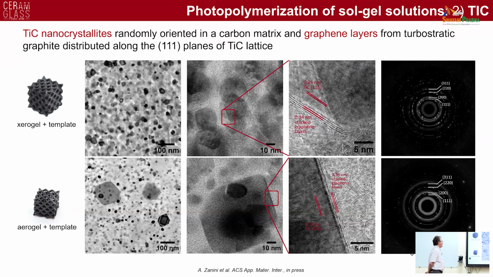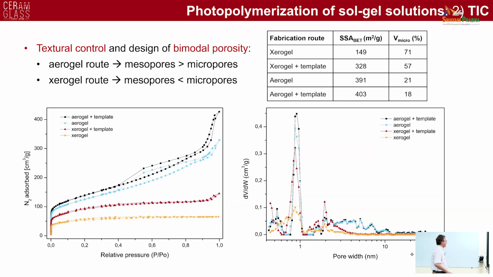If you look at the microstructure of the material, you can see that you have titanium carbide nanocrystallites that are randomly oriented in a carbon matrix and surrounded by graphene layers that derive from the turbostratic graphite, distributed along a specific plane for the lattice.